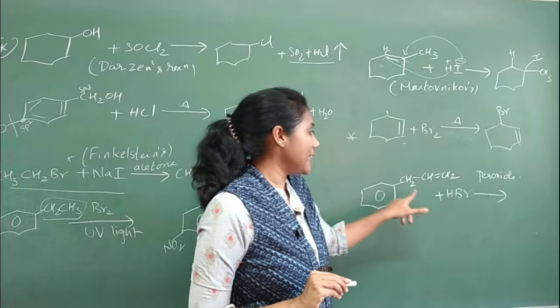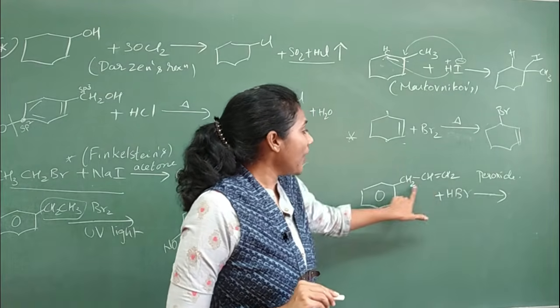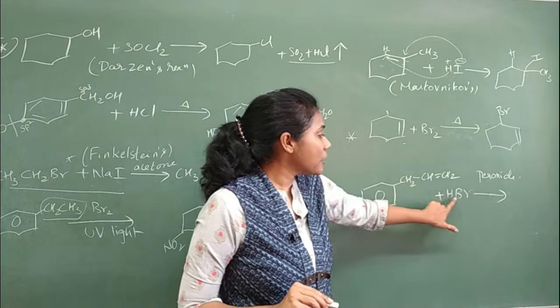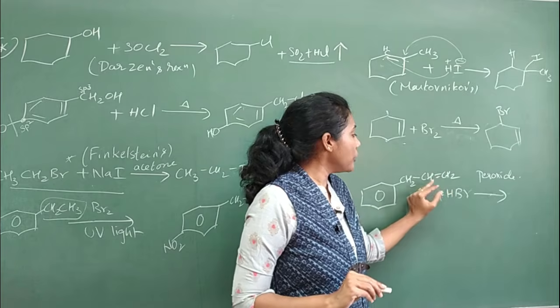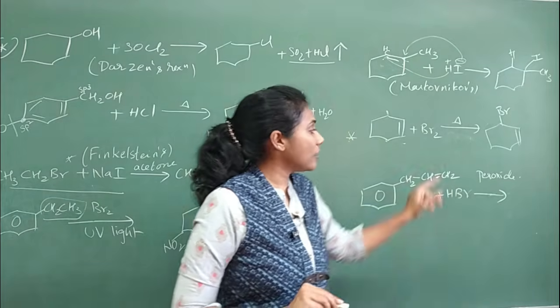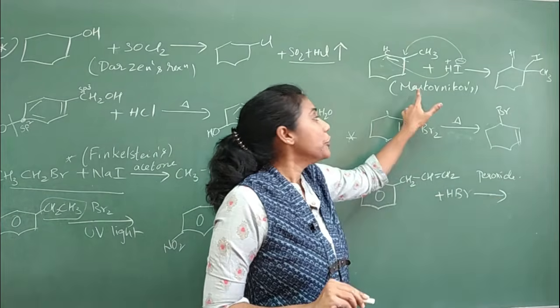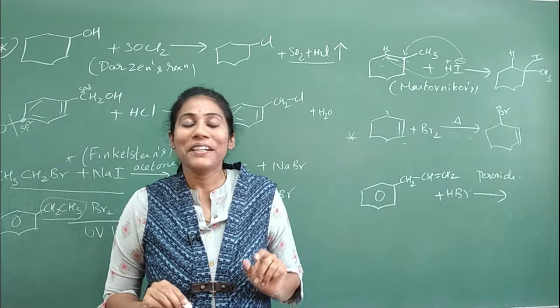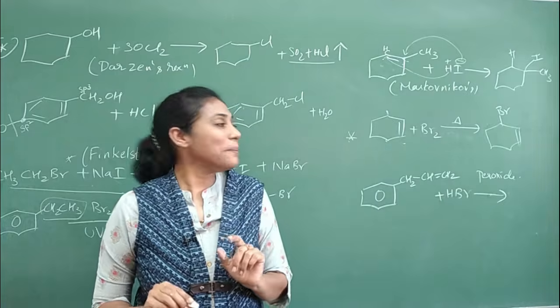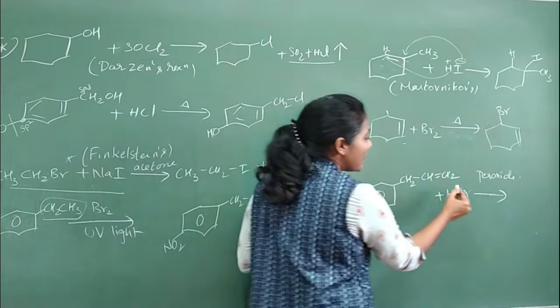And coming to the next reaction, you have an alkene, okay, and HBr and peroxide is there. So whenever you add HBr to an unsymmetrical alkene, that too in presence of peroxide, you will have to follow anti-Markovnikov's rule, isn't it? So according to anti-Markovnikov's rule, what happens?